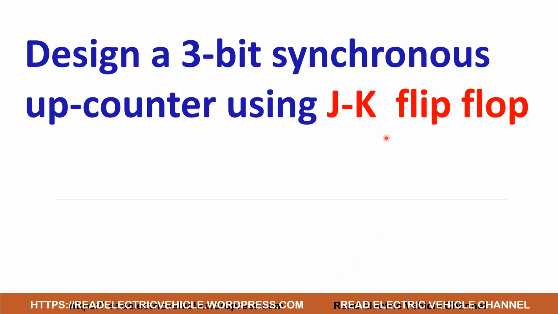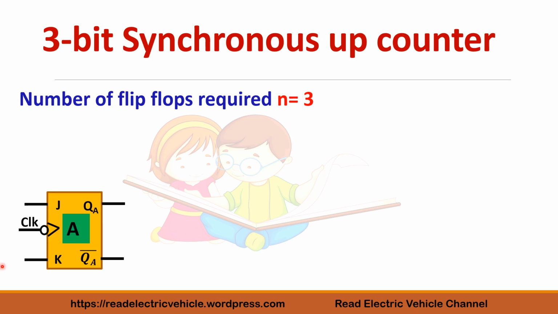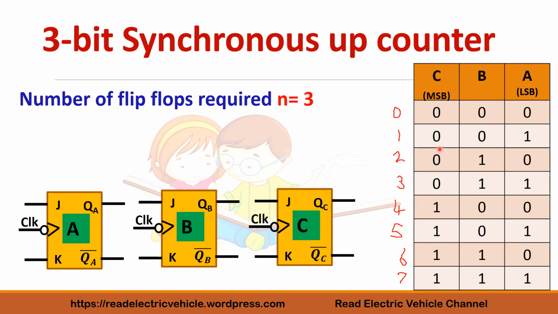Now let us design a 3-bit synchronous up counter using JK flip-flop. Let us recall what we have seen: the number of flip-flops required for designing a 3-bit synchronous up counter is 3. So let me take 3 JK flip-flops named A, B and C. Now draw the state table.